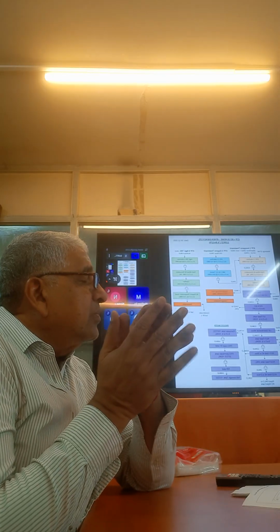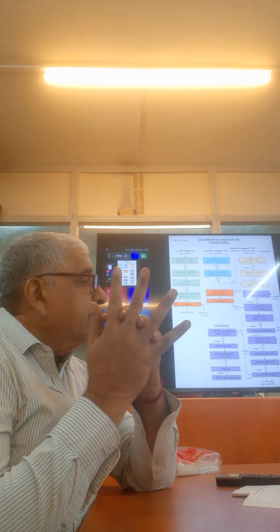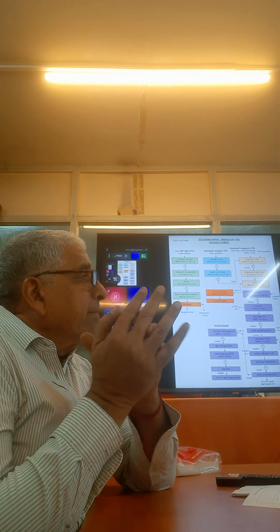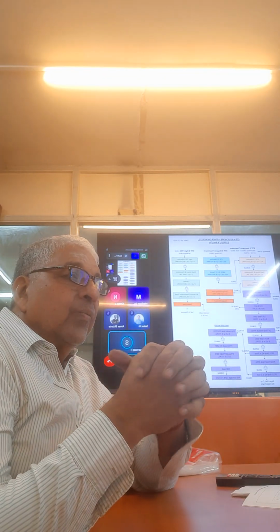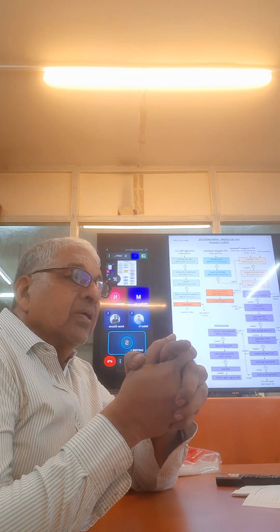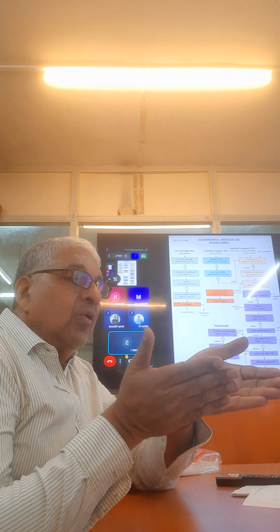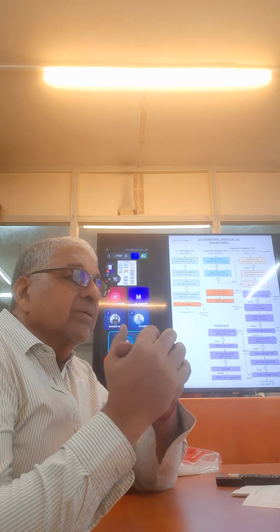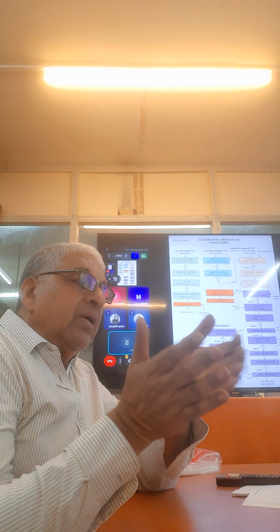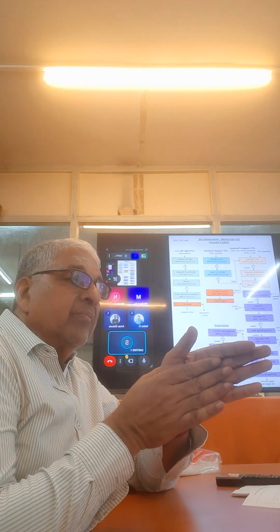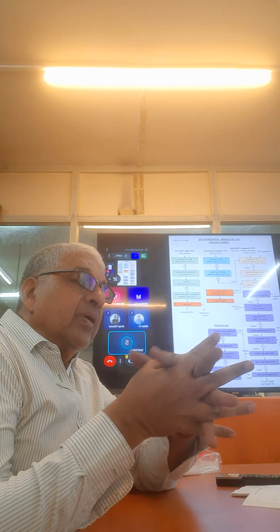It is difficult to design a system lower than that capacity. And we have one evaporator which can work lower than 20 KL capacity. I will share that with you later on because that's not the purpose here.